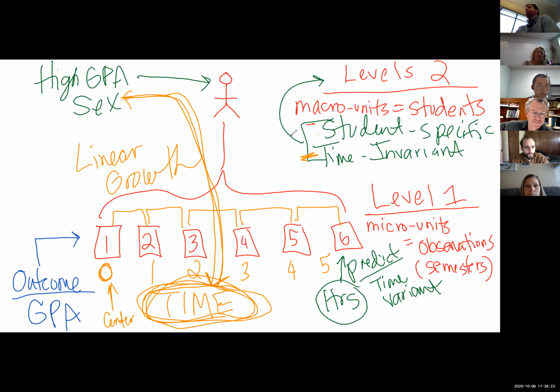Drop them. They're out. Can't use anything. In a multilevel model, do your clusters all have to be equally sized? No. So you can have missing time points and still use that person.